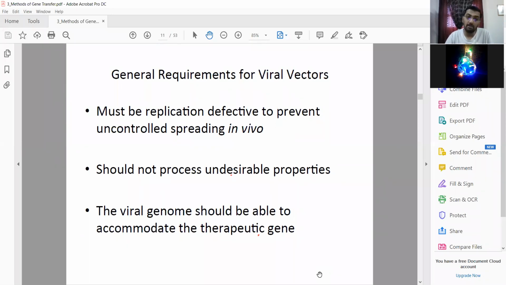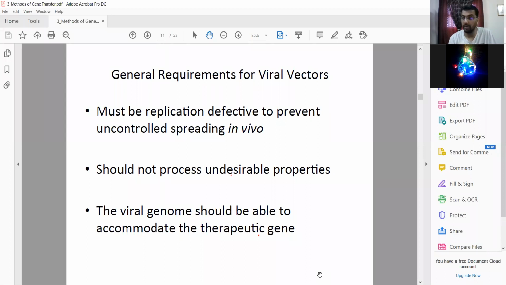Moreover, the viral vector should not have undesirable properties such as pathogenicity that would cause disease within the cell. So scientists normally remove the Rex gene as well as the pathogenicity and virulence genes from these viruses to make them desirable for transformation and transcription work.